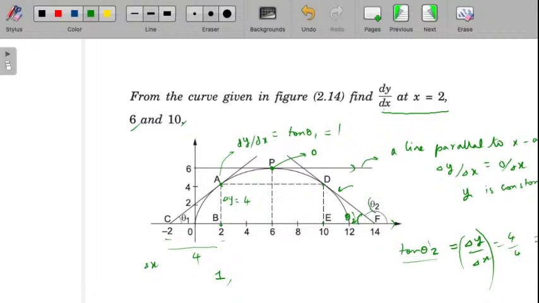This theta 2, which is the angle made by the line which is tangent at D, is an obtuse angle. So tan theta 2 should be equal to tan of 180 minus theta 2 dash, which implies tan theta 2 is minus tan theta 2 dash. Therefore, we know that the slope should be minus 1.